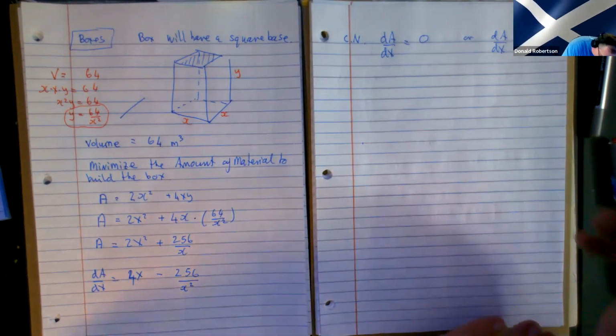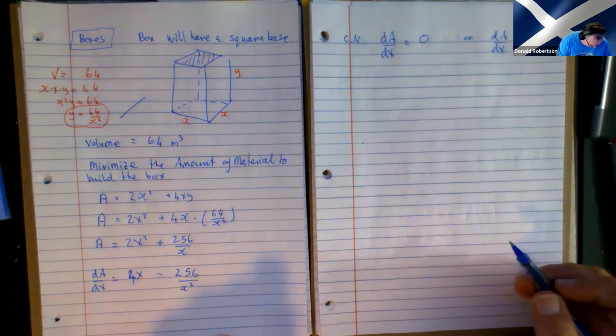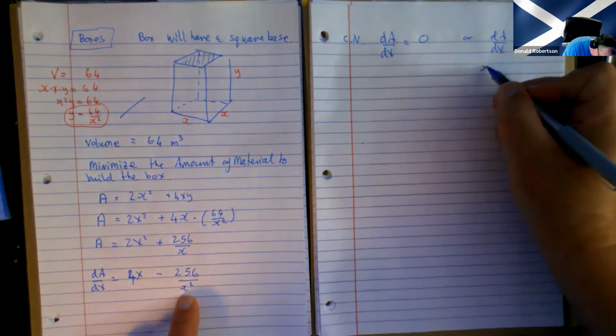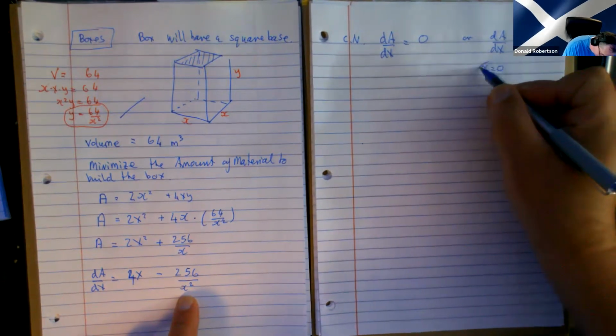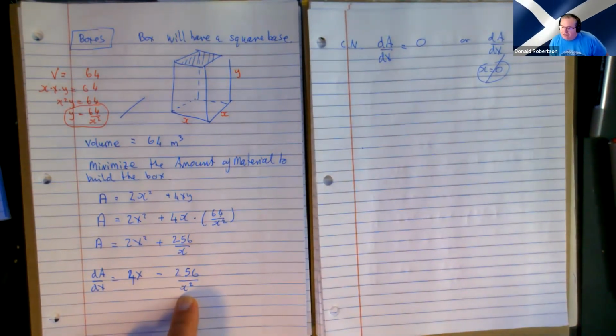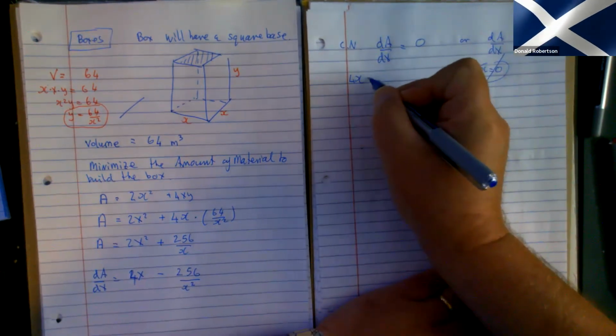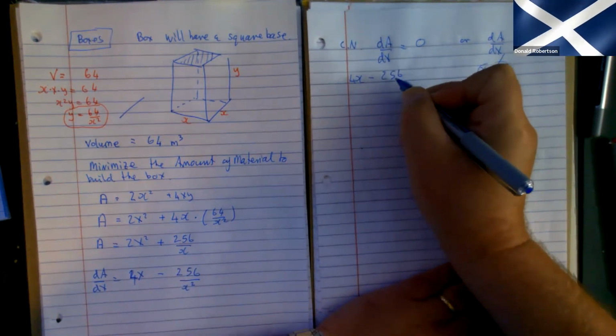Well caught. Right, this fella here, undefined. Yes, it does happen. It happens when x is 0. And aren't I going to kill that off as a non-usable solution? Because if x equals 0, the box disappears into the universe, right? So I'm only going to focus on what makes the derivative equal to 0.